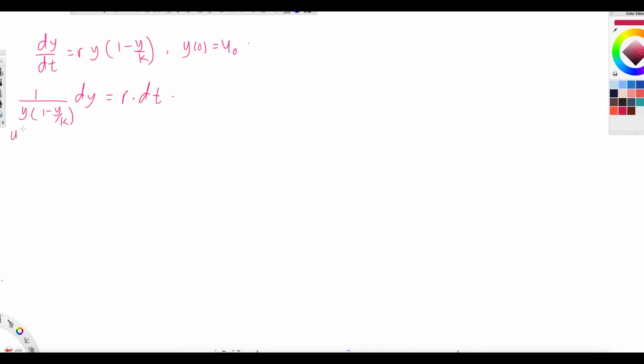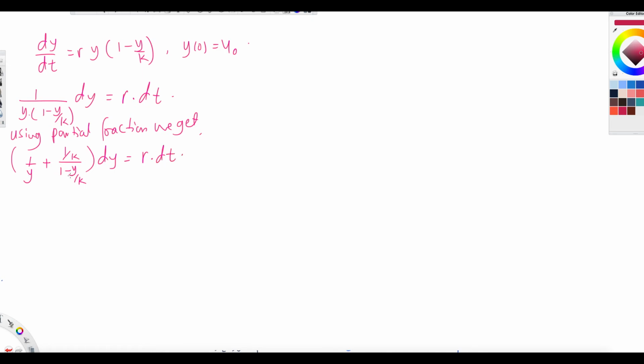So using partial fractions, we get (1 over y plus (1 over k) over (1 minus y over k)) dy equals r times dt. You see that?